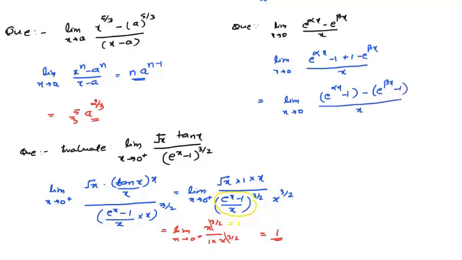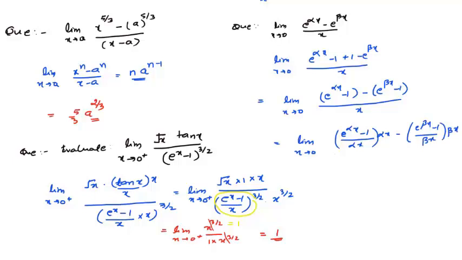So now in the numerator we'll try to make it in the form of standard limit. For the first term we have e raised to power alpha x minus 1, so we'll divide it by alpha x and multiply by alpha x. And for the second term we have e raised to power beta x minus 1, so we'll divide it by beta x and multiply by beta x.